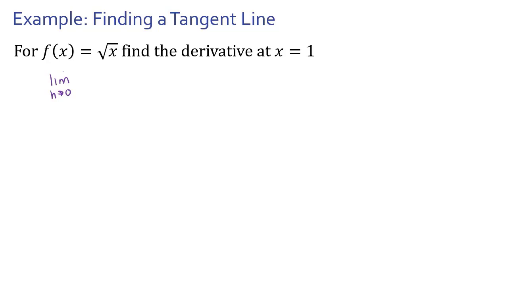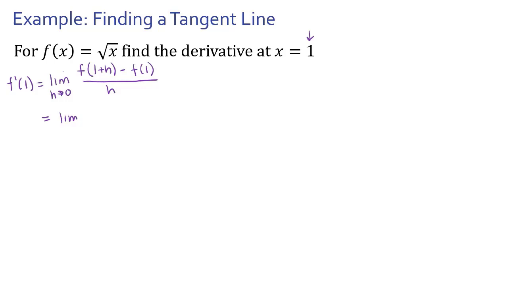So that formula was the limit as h approaches 0 of f of a plus h, so our a value is 1. And let's actually say what I'm doing. I'm finding the derivative when x is 1. So a plus h minus f of a all over h.